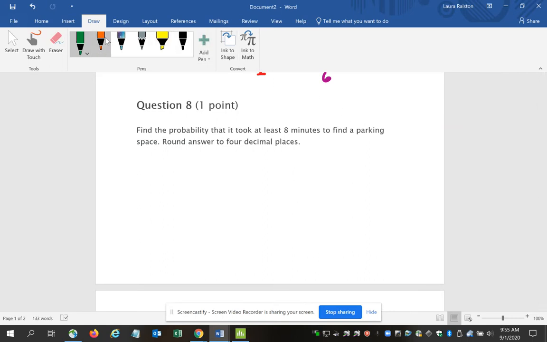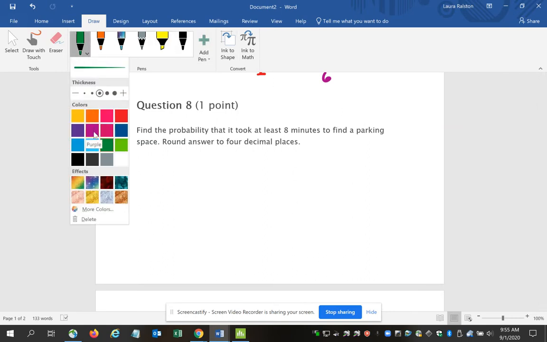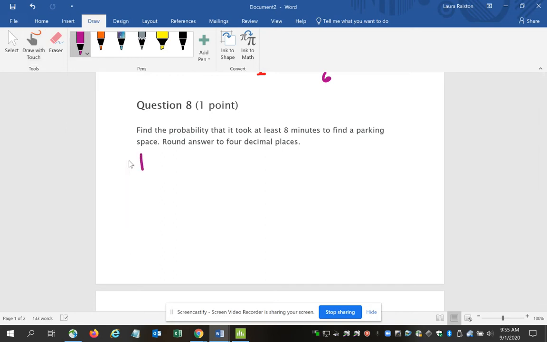Question 8 says, find the probability it took at least 8 minutes to find a parking space. So we have the probability that X is greater than or equal to 8. Again, you have to interpret or understand what at least means. Remember, at least means 8 or more.